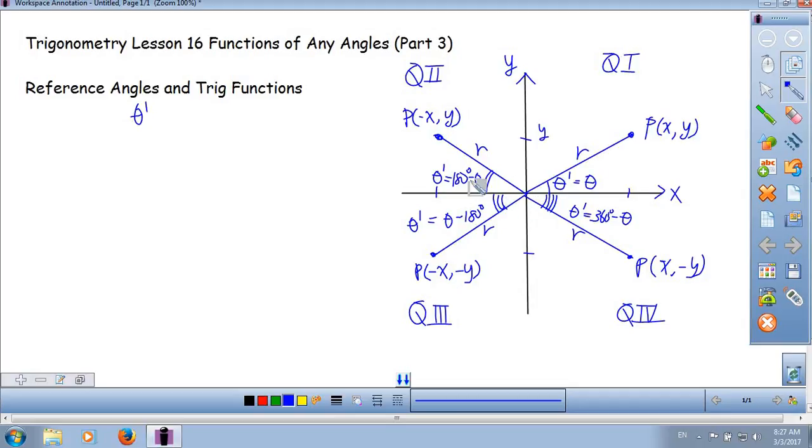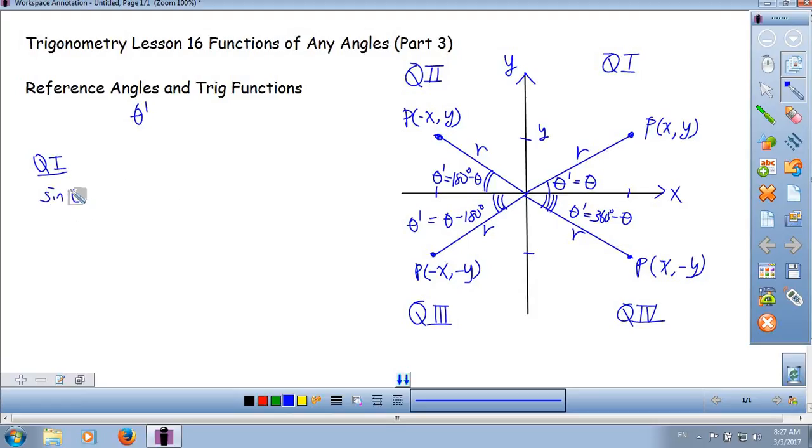So based on this information, I know it's a lot of information here, but based on this information, we can understand in different quadrants how things will change, how the angle will change. Okay, so basically, if you are in quadrant 1, nothing is going to change.